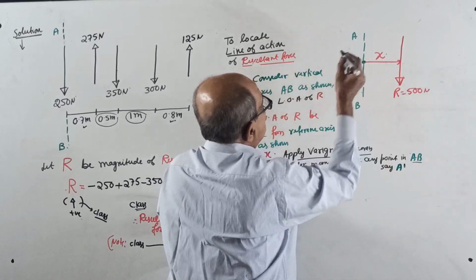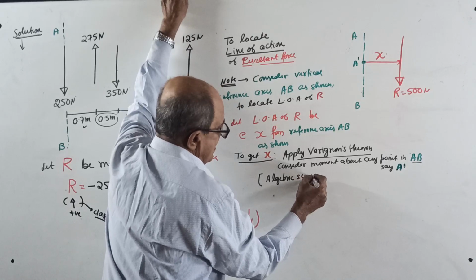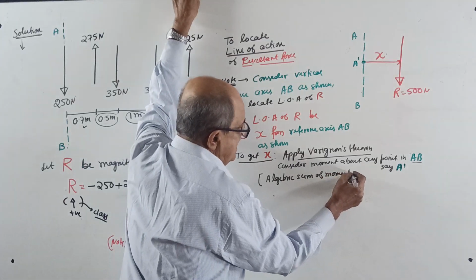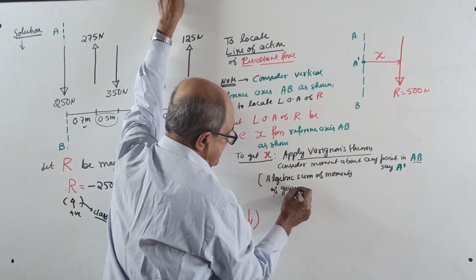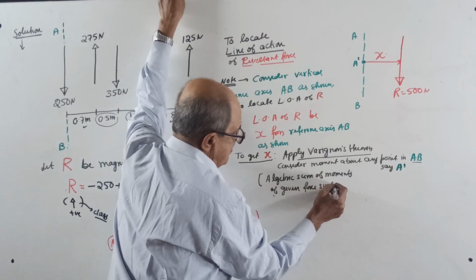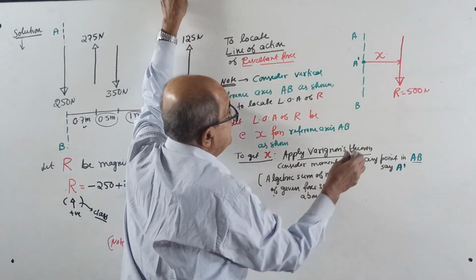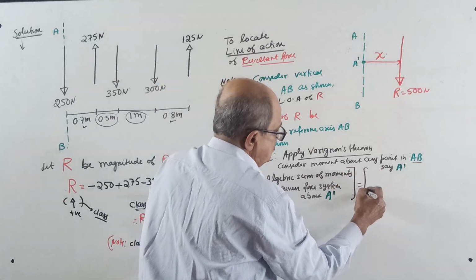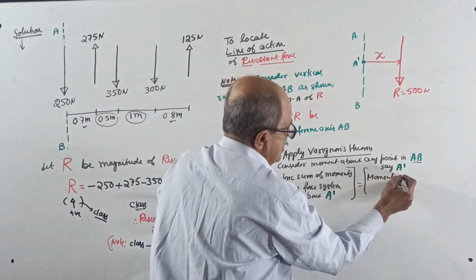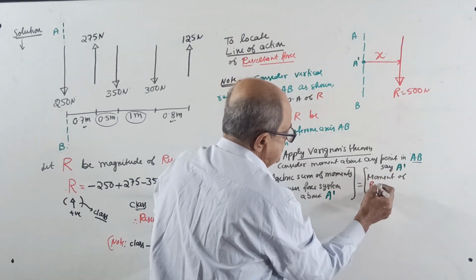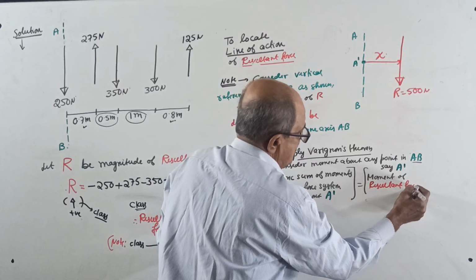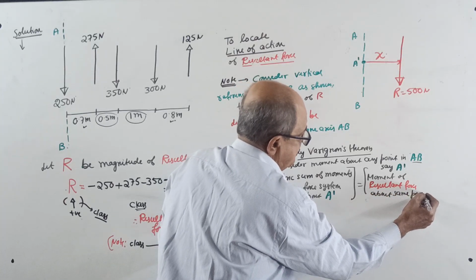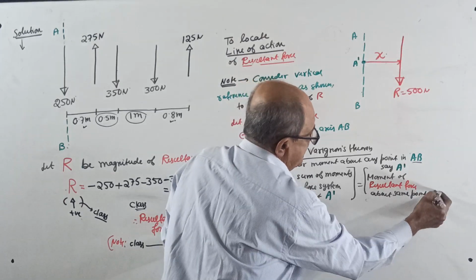Then the algebraic sum of moments of the given force system about A dash is equal to the moment of the resultant force about the same point A dash.